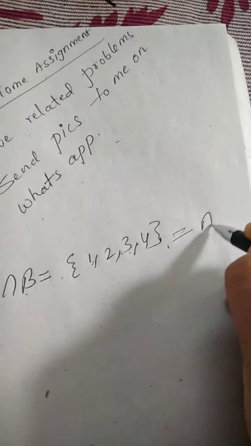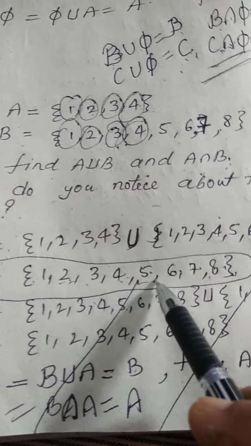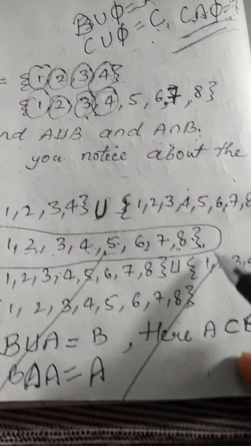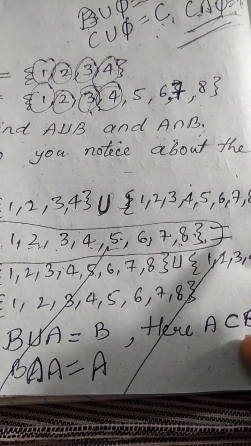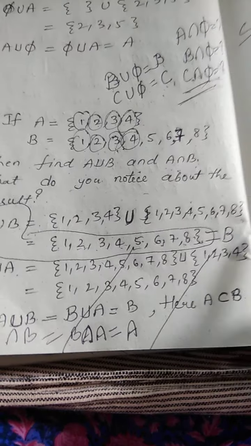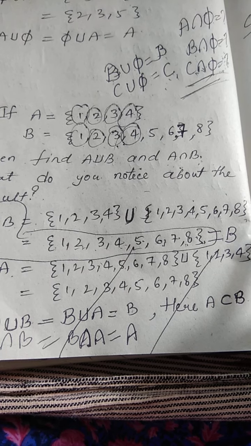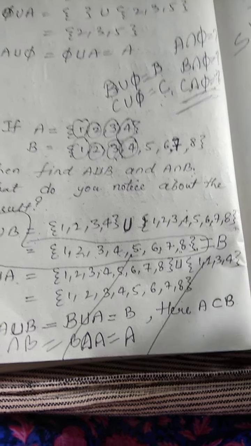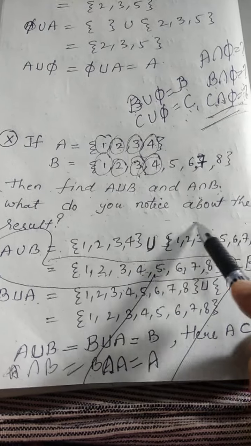It is A. And A union B is 1, 2, 3, 4, 5, 6, 7, 8. Which set is it? Yes, it is set B. So what do you notice about the result?